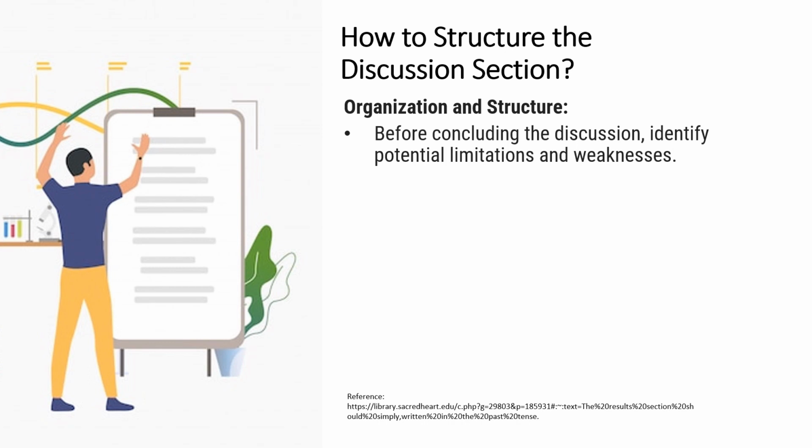Or perhaps you only have limited trials, or maybe there are some instruments that could also limit the data that you gathered. You have to discuss them and how they could possibly affect the results of your study.